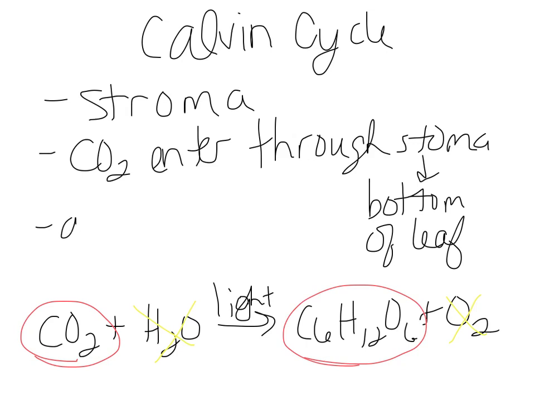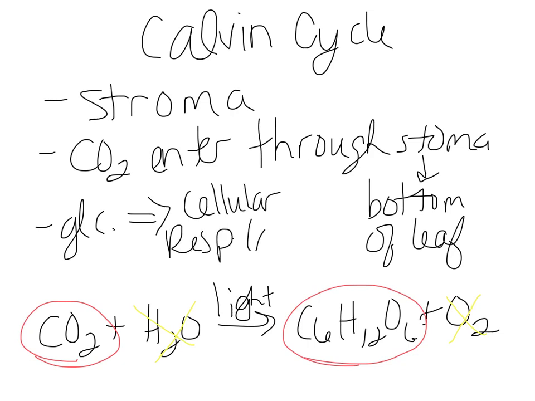And that glucose is our product that is then going to be used for cellular respiration to make lots and lots of ATP for the plant or for the consumer that eats the plant. Either way, this glucose product is going to be used to fuel cellular respiration in the mitochondria.